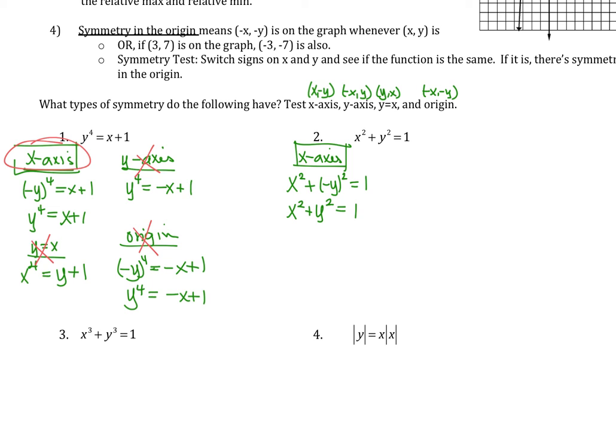And now I'll test out the y-axis. So I'll plug in negative x for x and simplify, and I get back what I started with. So we do have symmetry in the y-axis.